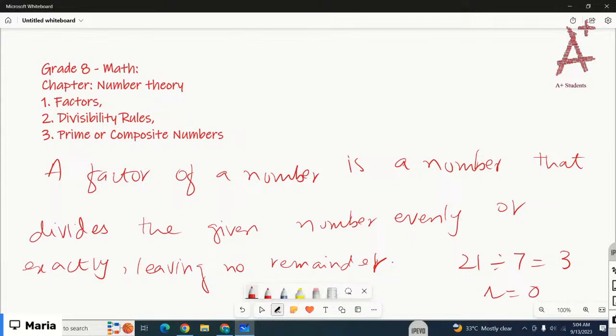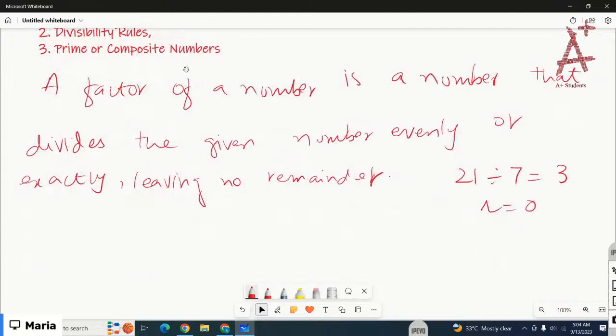Let's just do another example. 6 divided by 3. 3 times what number is 6? 3 times 2 is 6. No remainder, it is 0. That means 3 is a factor of 6, right?